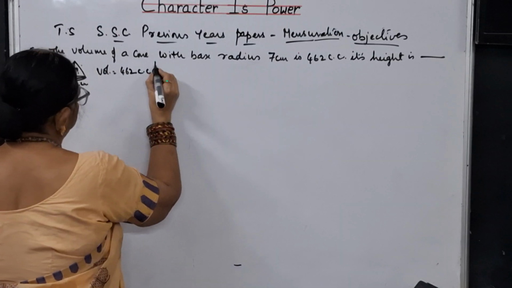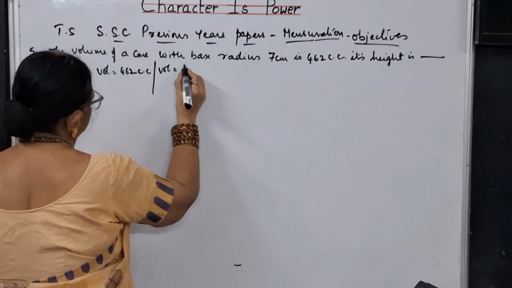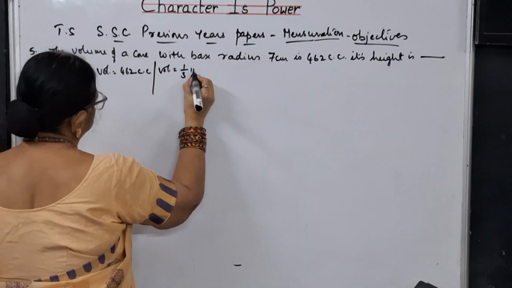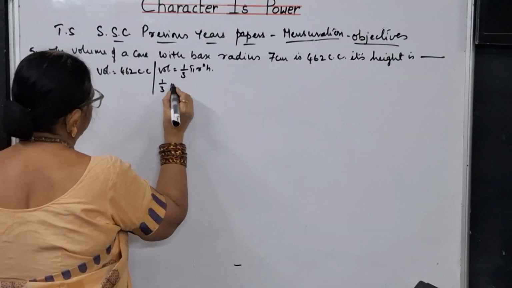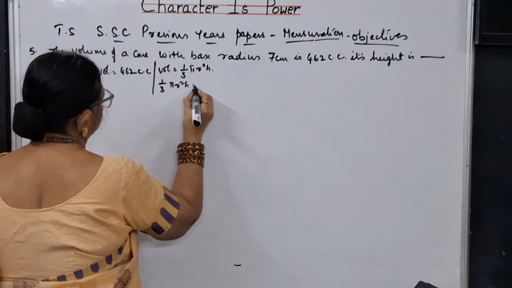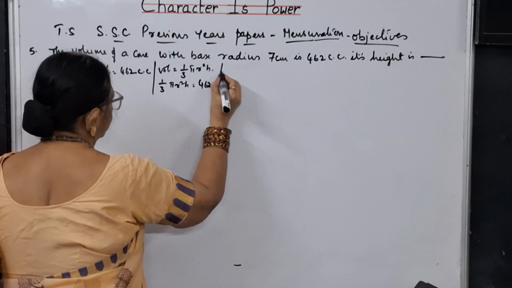So volume formula, volume is equal to how much? 1 by 3 pi r square h. So 1 by 3 pi r square h is equal to 462.